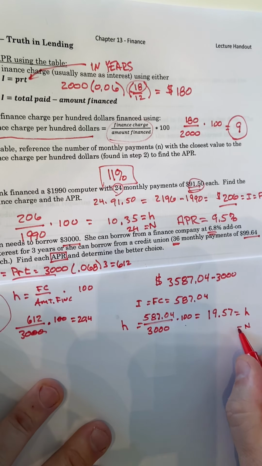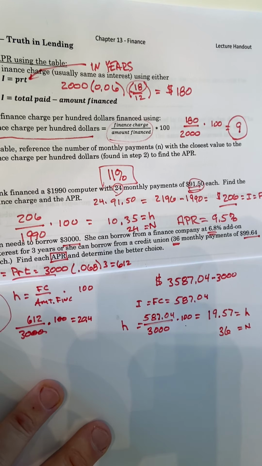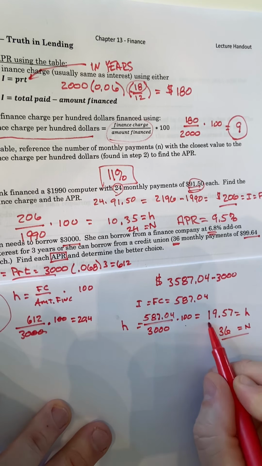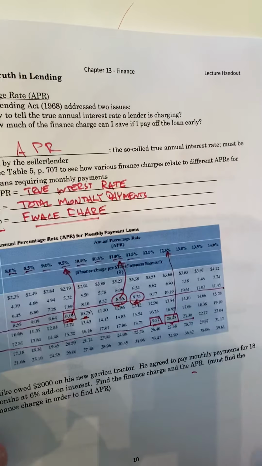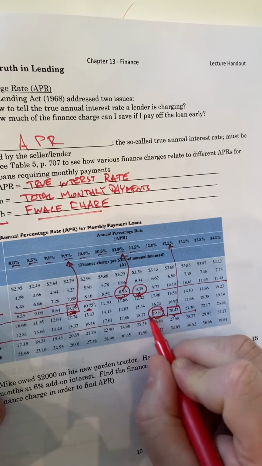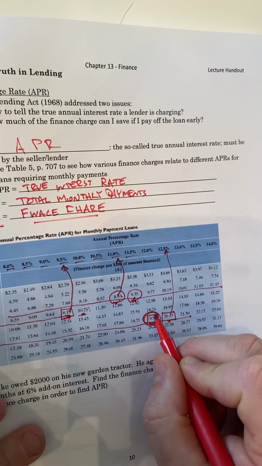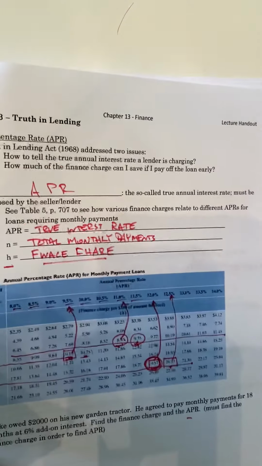The number of monthly payments is 36 because it's 3 years as well. Let's look up these in the chart. 36 months, 19.57. 36 months, 19.57. Boy, we hit it exactly. That rarely happens. The APR is 12.0%.